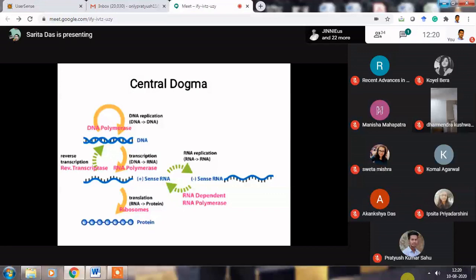So this is the natural process which occurs in all cells, but there are some deviations which we see with some RNA viruses or retroviruses.